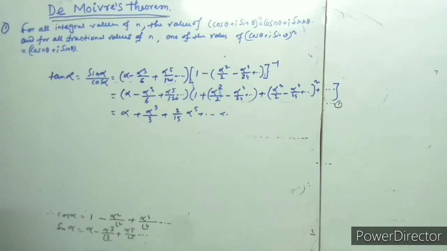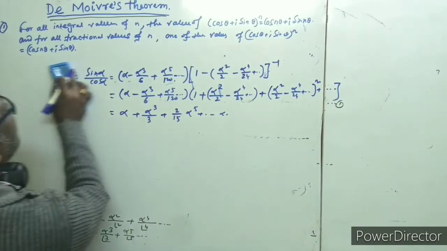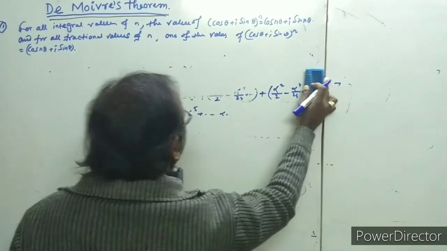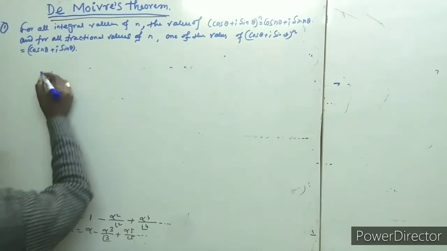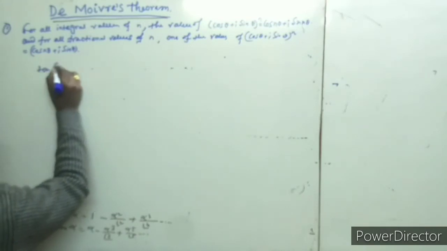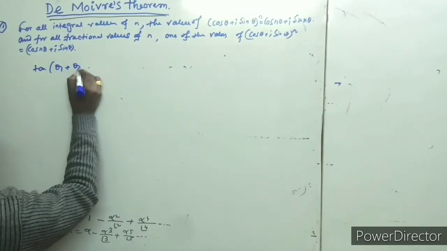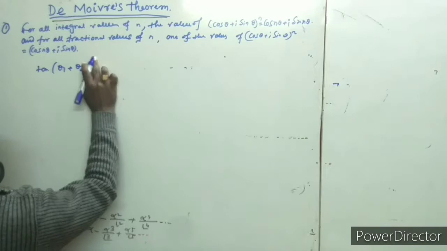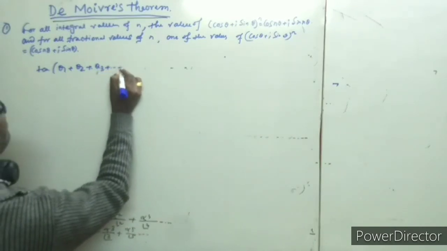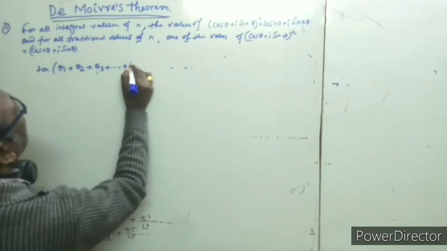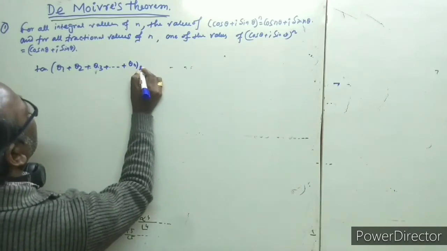Now the next expansion we want to introduce here, that is tan of theta 1, theta 2, theta 3 dot dot dot, and theta n.